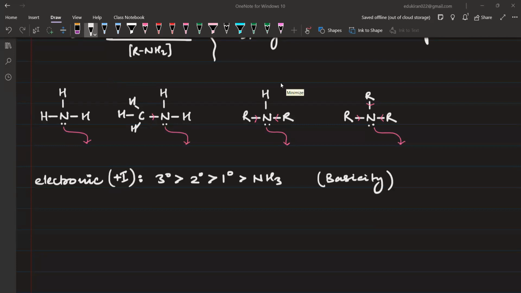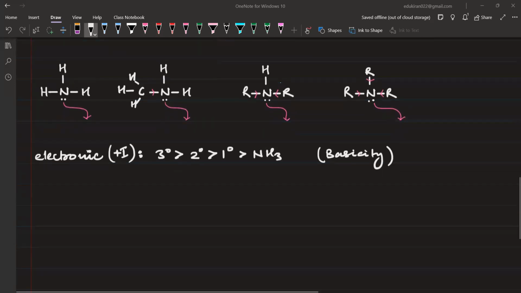Small size, right? That is why NH3 will move easily. Now, this is known as sterics. If you ever study chemistry further, then you will see that there are two main effects that determine everything in chemistry, in organic chemistry basically, the electronic effect and the steric effect.